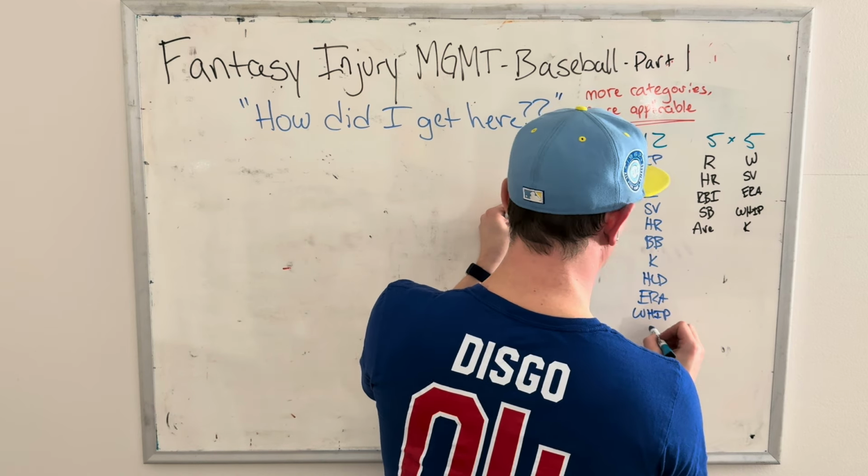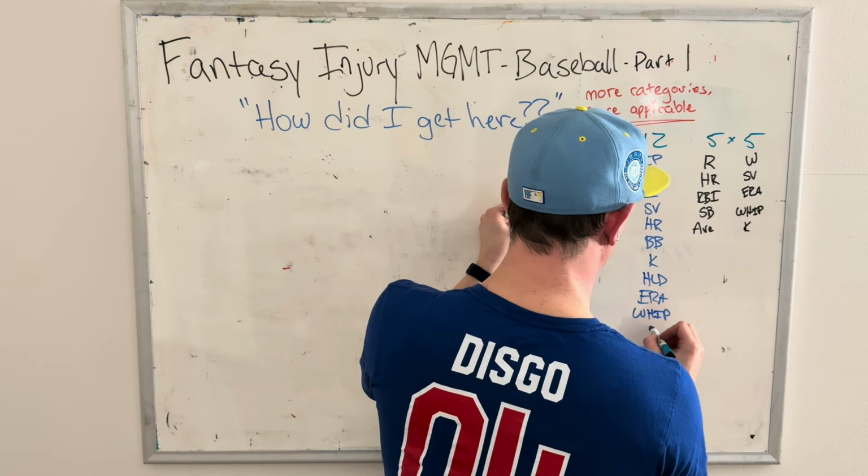On the batting side, we had runs, hits, doubles, triples, home runs, RBIs, stolen base, walk, strikeout, fielding percentage, average, and OPS.